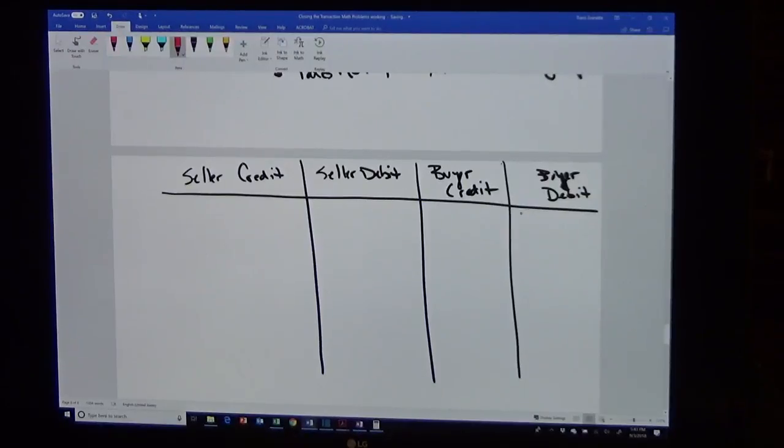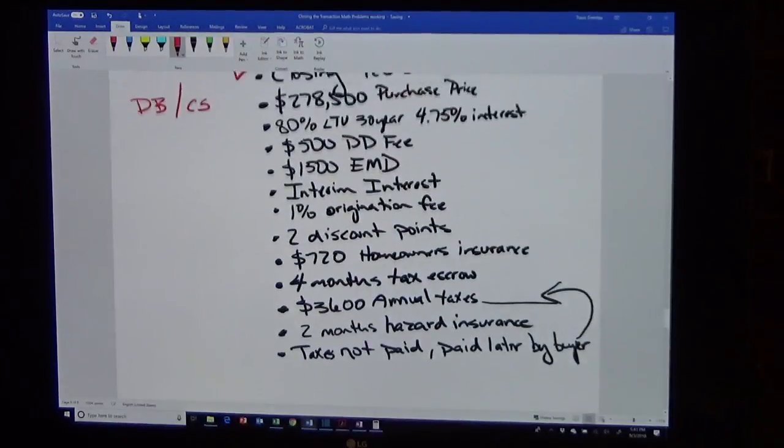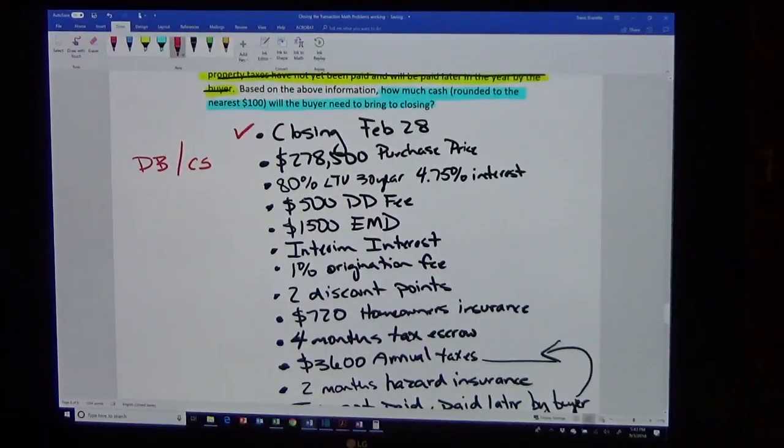Buyer debit $278,500, and seller credit for $278,500. Credit the seller, debit the buyer for the purchase price, and then check it off. We're done with that.